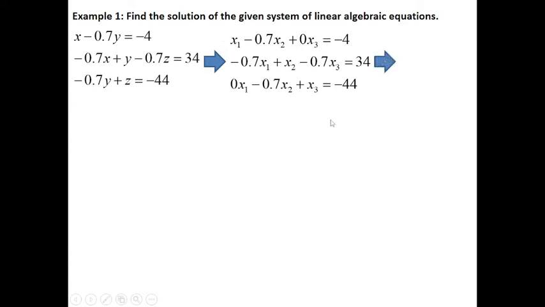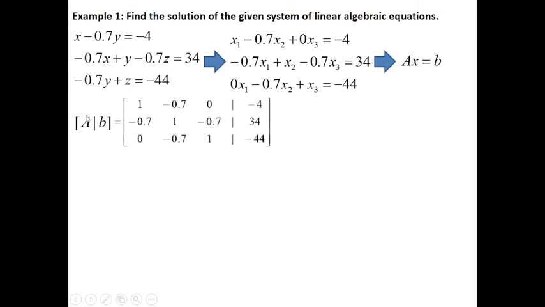And then we will transform the system in terms of the matrix equation, Ax equals b. And we will write the augmented matrix. The augmented matrix is this one.